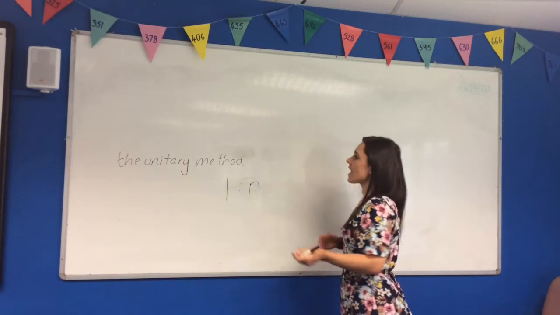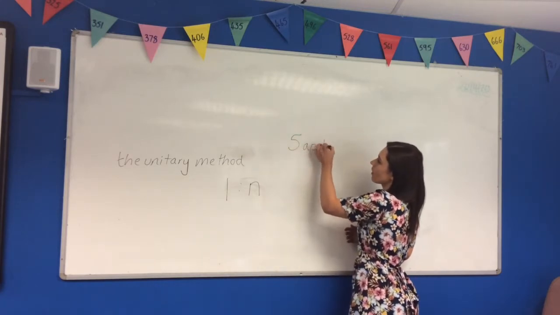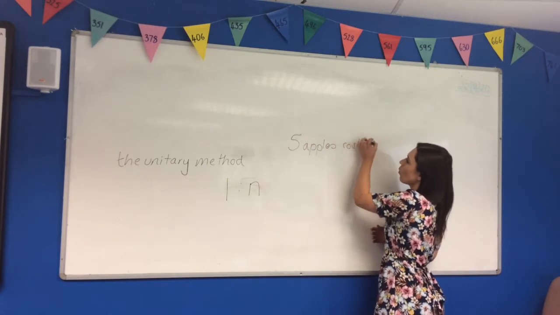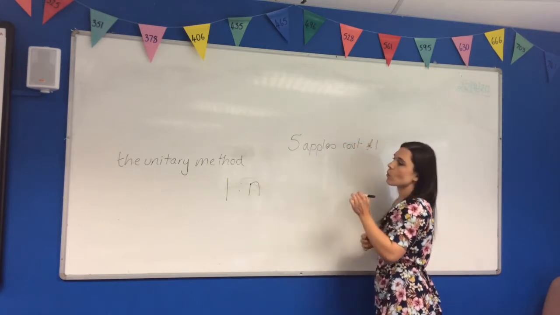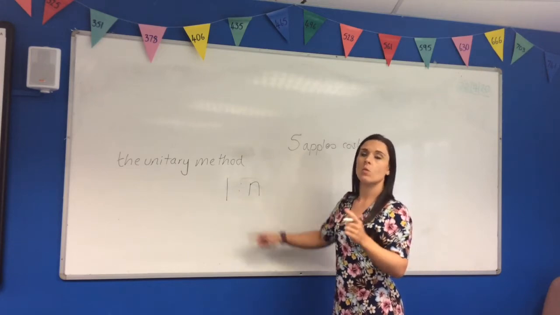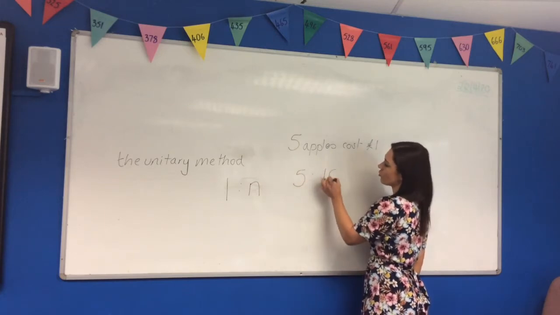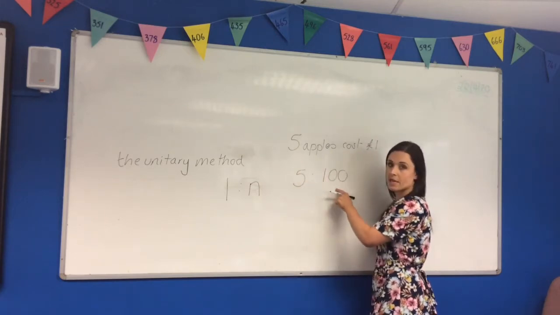For example, if we knew that 5 apples cost £1, we could then use the unitary method to get it into the form 1 to n to find how much one apple is worth. The ratio would be 5 to 100, 100p.